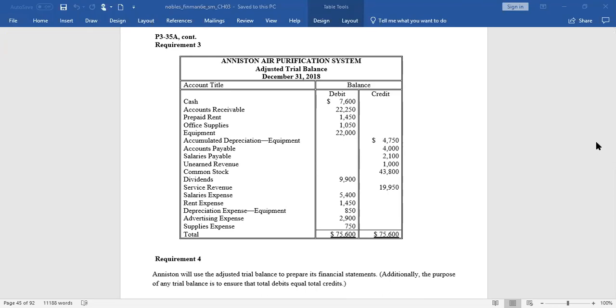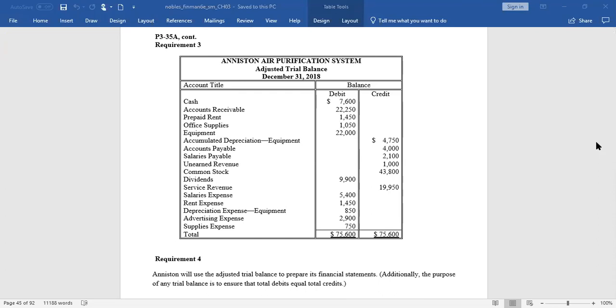I'm back. Okay, while you're wrapping that up, anybody who's ready to roll, you want to get your P3-36A problem back out. I don't have the T accounts. I can't create them and change them on the computer.